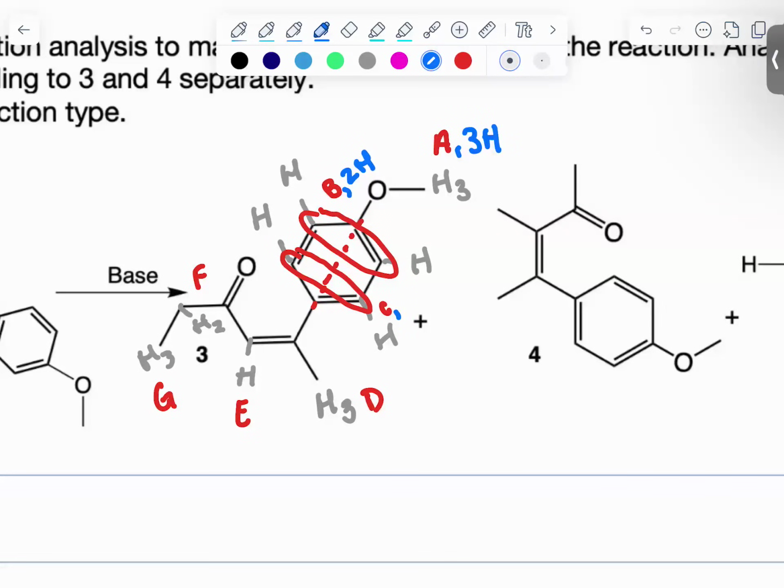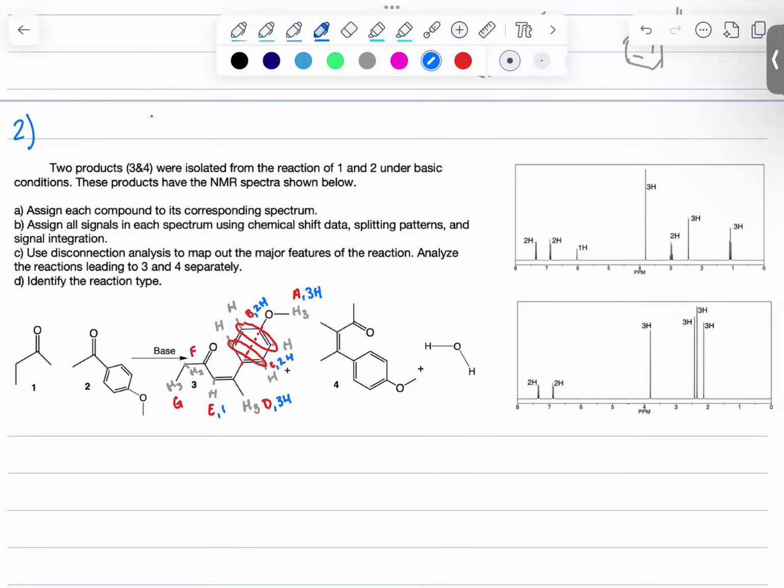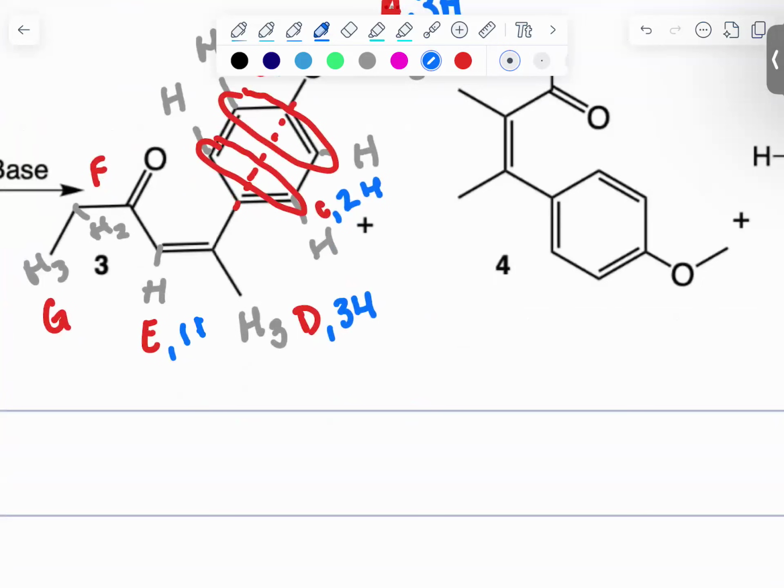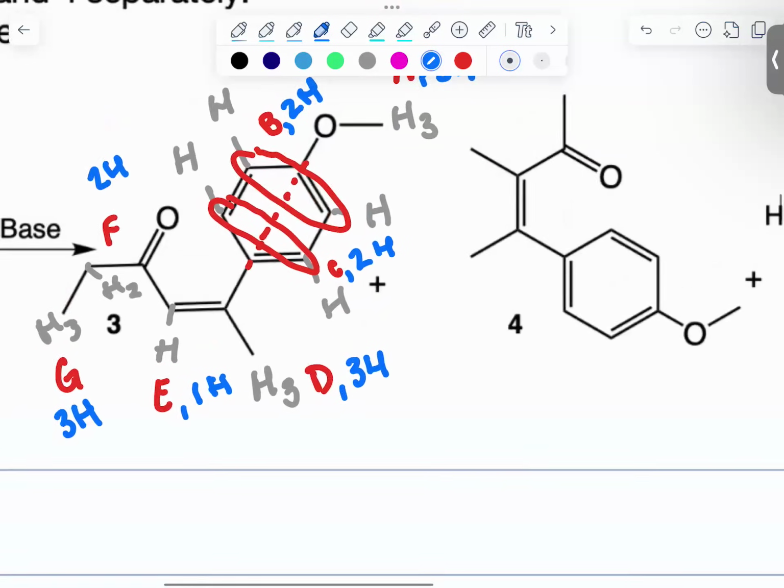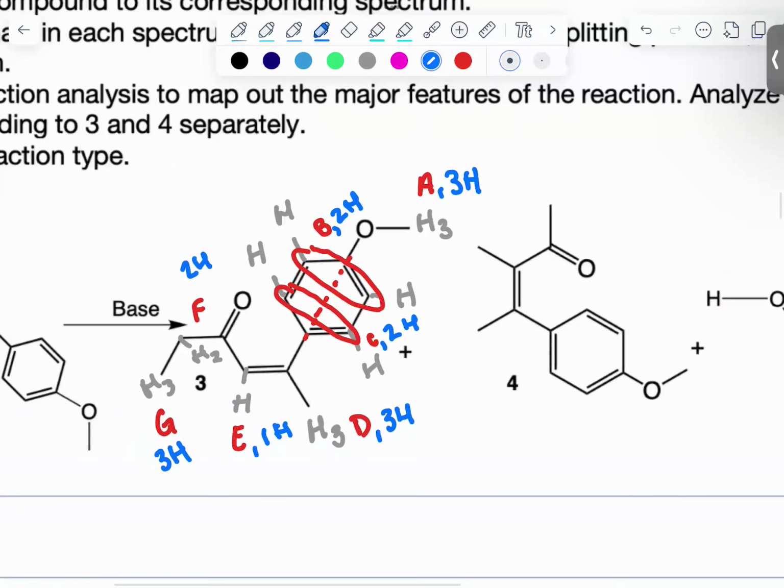C is going to be how tall? D is going to be how tall? 3. E. F. G. Okay. What is my next step now?